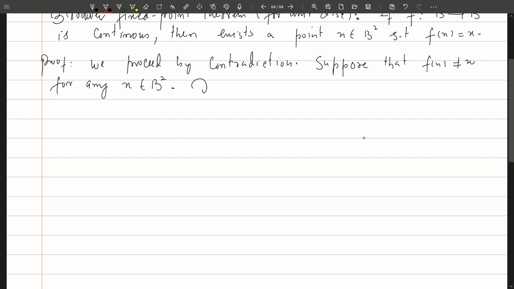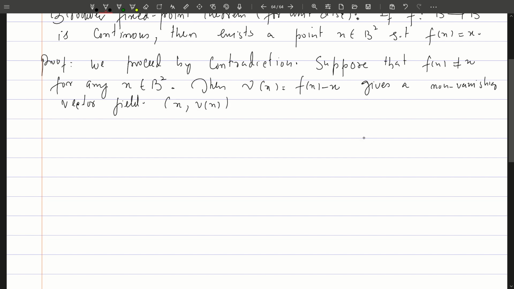If this is the case, then the function V of x given by f of x minus x gives a non-vanishing vector field on B2, and therefore by the above theorem there exists a point x of S1 where the vector field points directly outward.